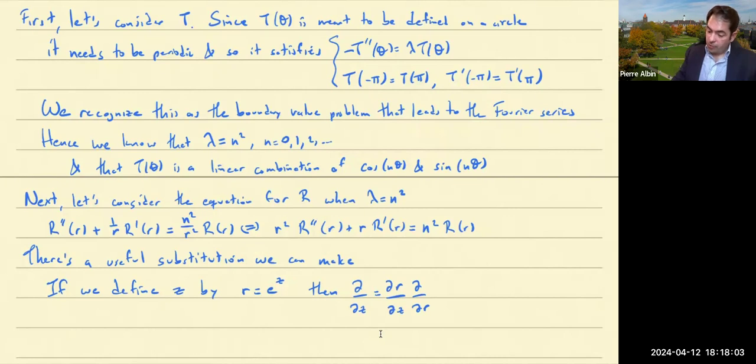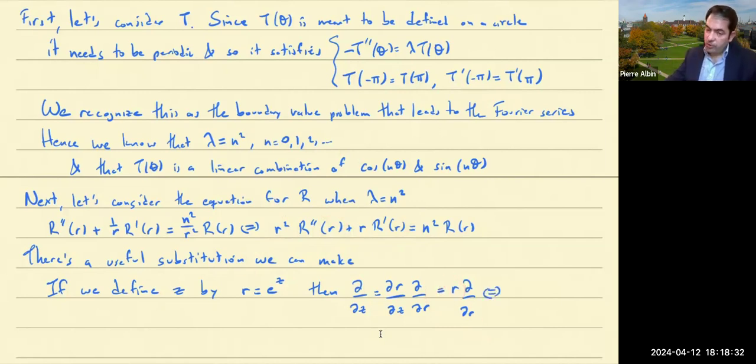The derivative of r with respect to z is just e to the z again, and that's just r. So that's r d by dr. Right? So this is what makes this a really good substitution to make, because here we notice that you're multiplying by the same power of r as you're taking derivatives. It takes one derivative with respect to r, but it also multiplies by r.